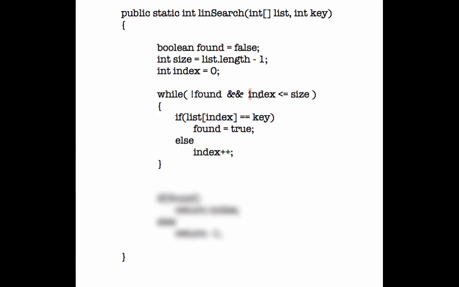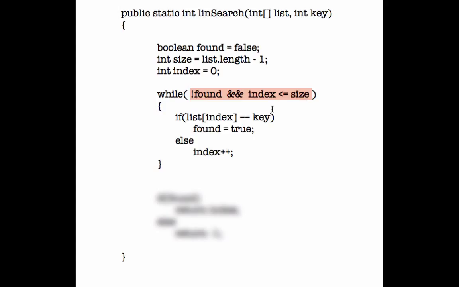We inspected every element, there are no matches. So I'm going to create this condition that says, let me compare the value of the index that I'm currently using, and let me make sure that the index value is less than the size of my collection. Okay? So what happens when index is greater than the size of the collection? Then this condition will be false. And again, because that condition is false, this whole condition will be false and the loop stops.